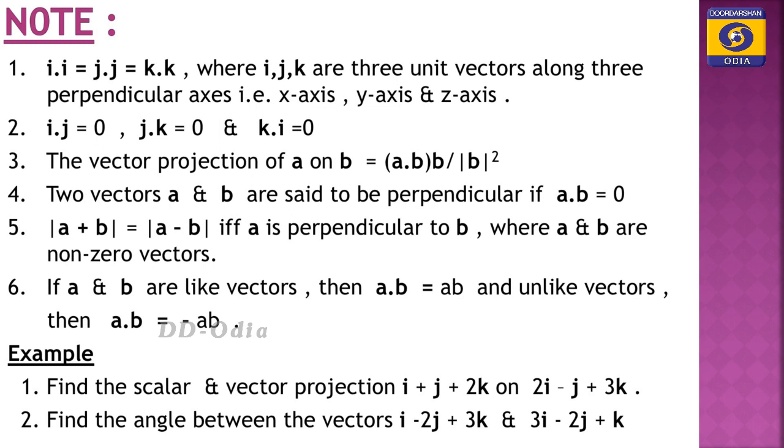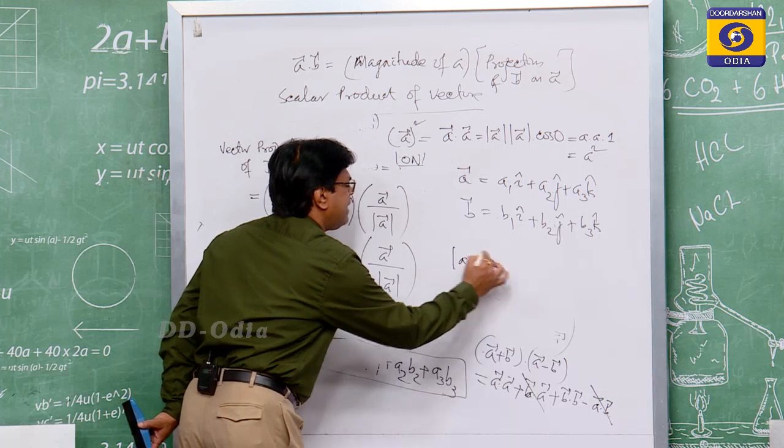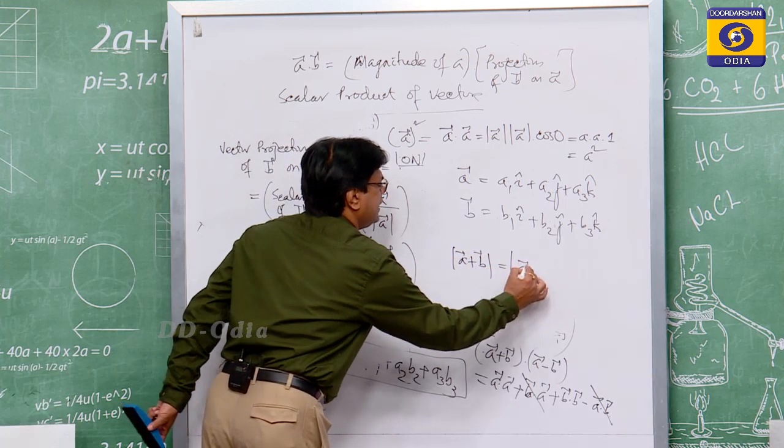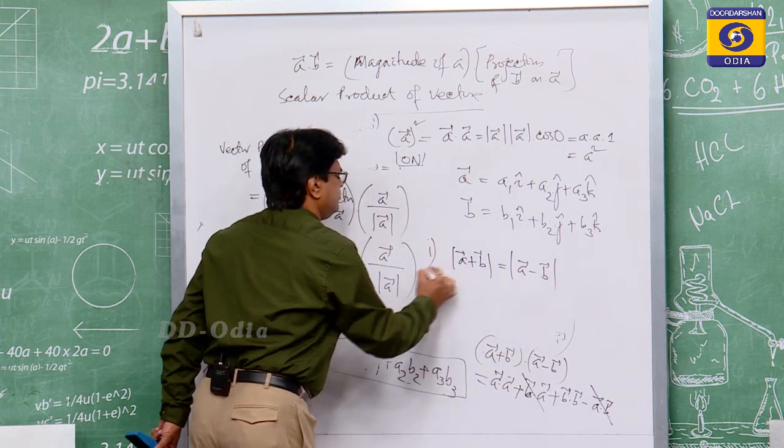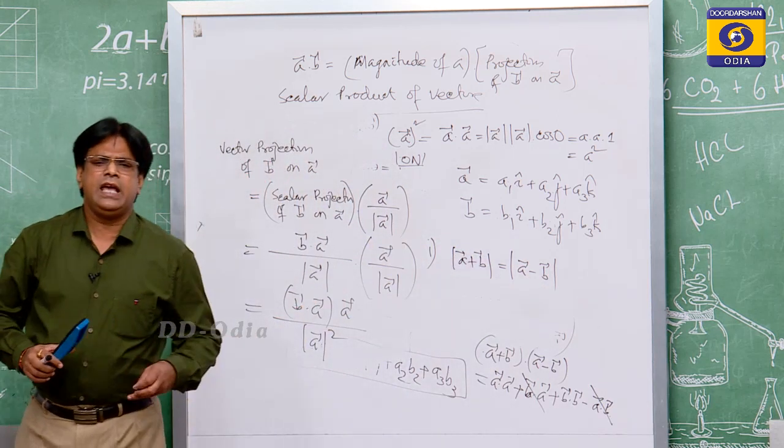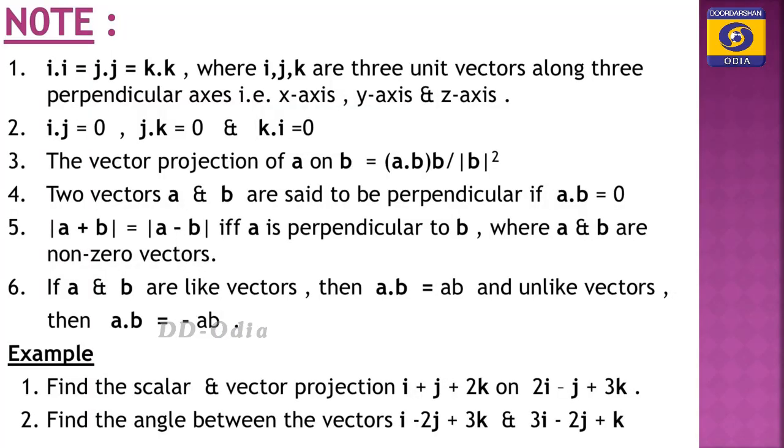Similarly, the magnitude of A plus B vector is equal to the magnitude of A minus B vector only when A vector is perpendicular to B vector, where A and B are non-zero vectors. Similarly, if A and B are like vectors, then A dot B is equal to AB, and for unlike vectors, A dot B is equal to minus AB.